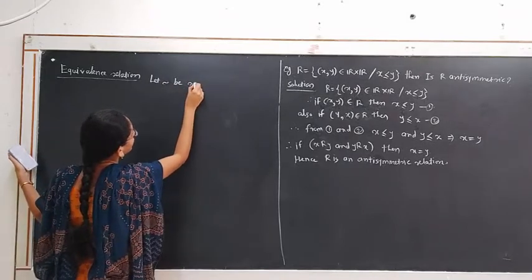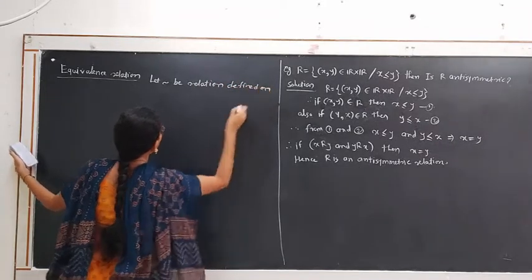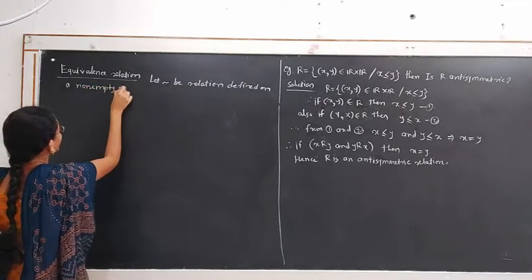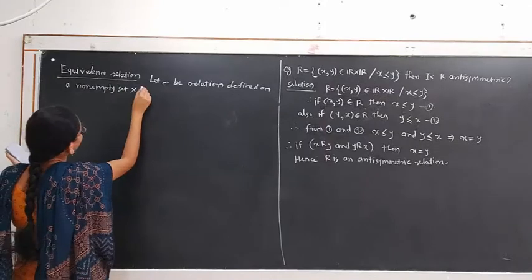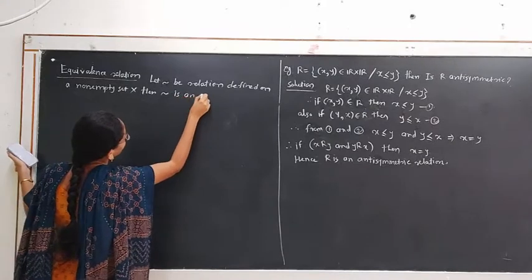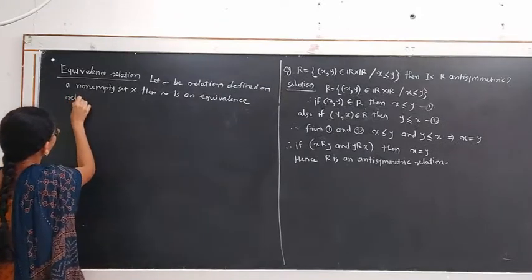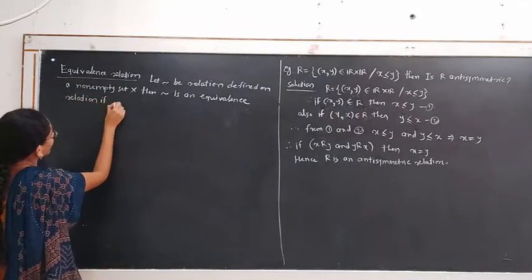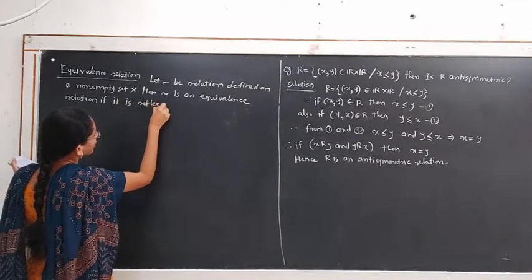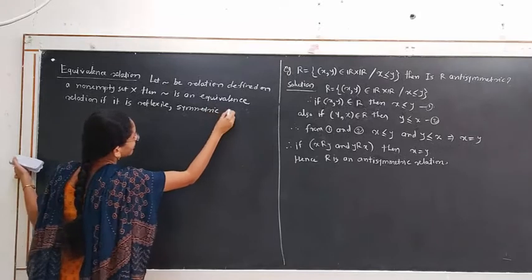Let R be a relation defined on a non-empty set X, then this relation is an equivalence relation if it is reflexive, symmetric and transitive.